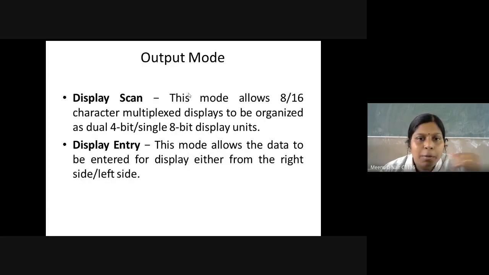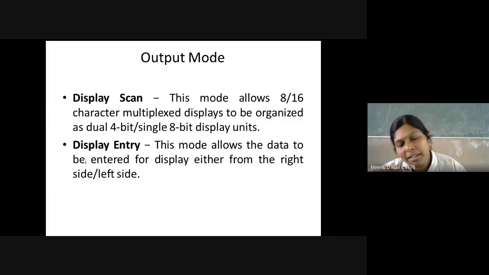Similarly, there is the output mode. The output mode is display scan and display entry. Output is nothing but the display, and input is nothing but the keyboard. Display scan: this mode allows 8 by 16 character multiplexed displays to be organized as dual 4-bit or single 8-bit display units.